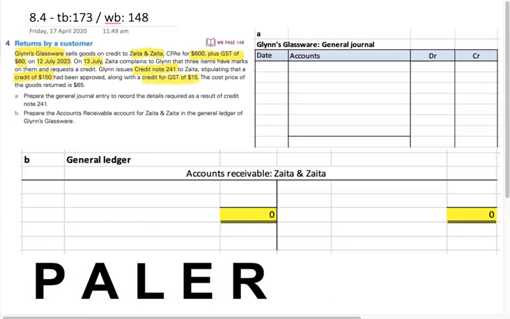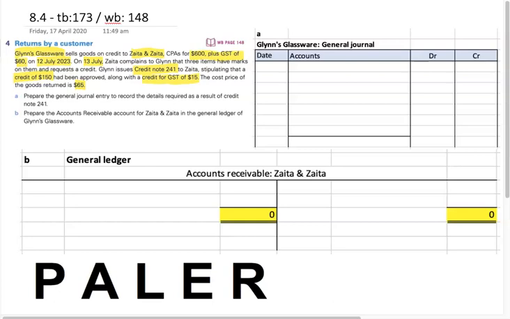So we have given them $165 back, or reversed $165 of what they owe us. And the cost price of the goods being returned is $65. And you might remember, the business that writes the credit note, the business that records this transaction, is the one that is going to determine the cost price.